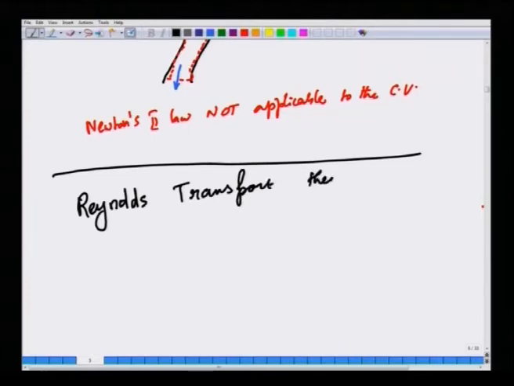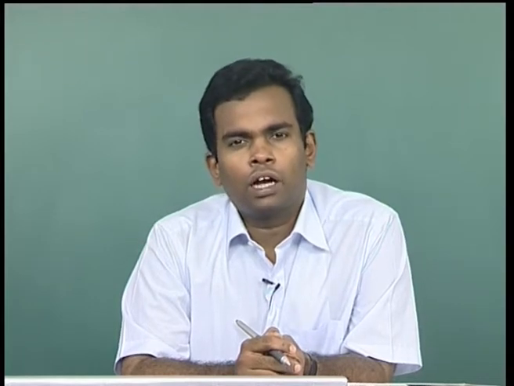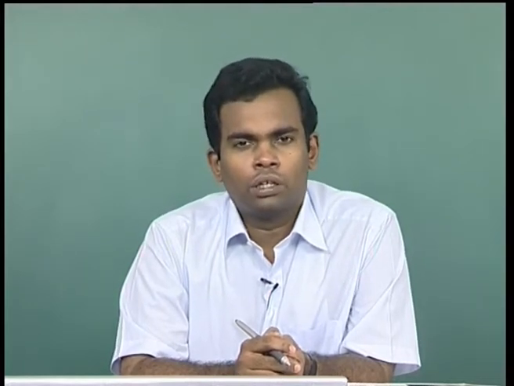The Reynolds transport theorem is a tool to convert time derivatives of the system in terms of time derivatives of the variables that are present in the CV. This is not very unlike the conversion of Eulerian time derivative to the Lagrangian time derivative by virtue of the substantial derivative.